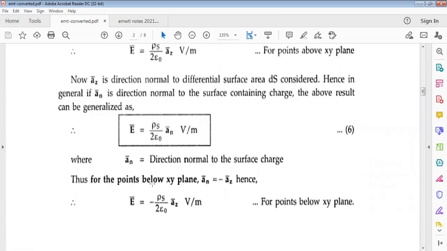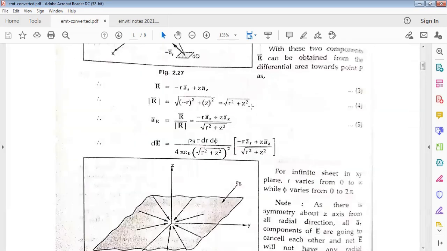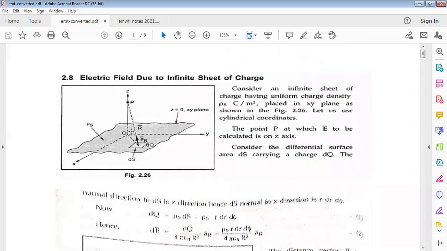Thus for points below the xy plane, an bar is equal to minus az bar. Why do they say below the xy plane? Because the sheet is at z equal to 0, the origin xy plane. When the sheet is at the origin, the sheet is the xy plane.